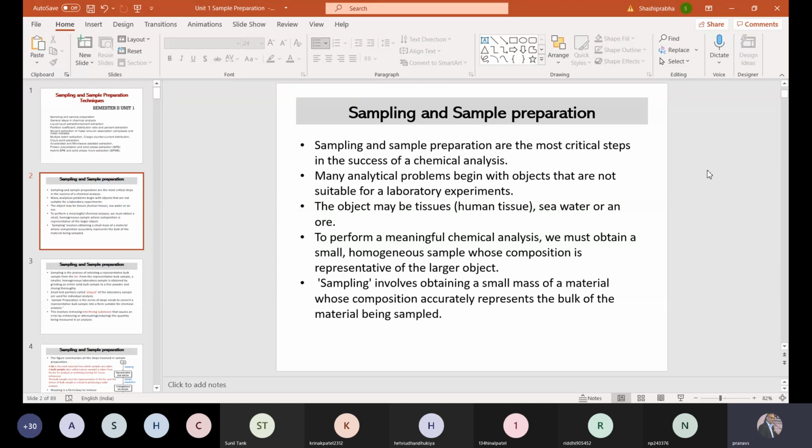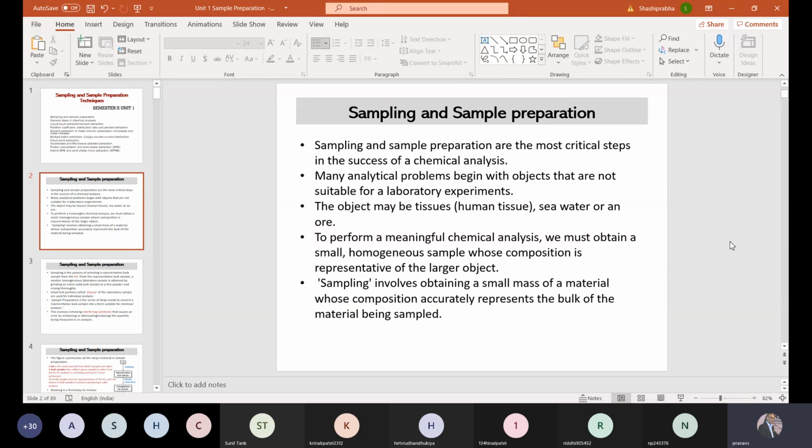You can collect a soil sample from a place where there is human habitat, or there can be a place which does not have, for example, any habitat, no traffic, nothing, a very non-polluted area kind of a thing. So the composition of the soils would vary. So we need to consider all these things in the backdrop when we collect a sample.